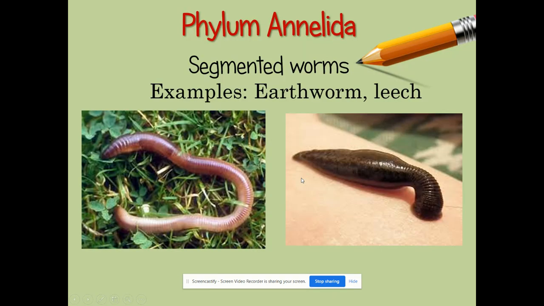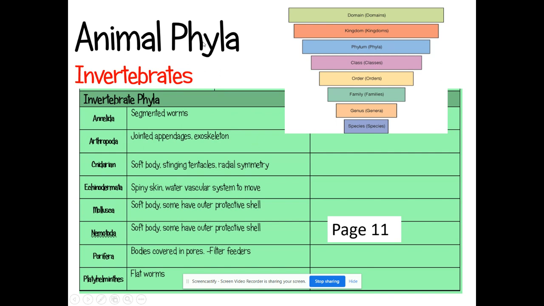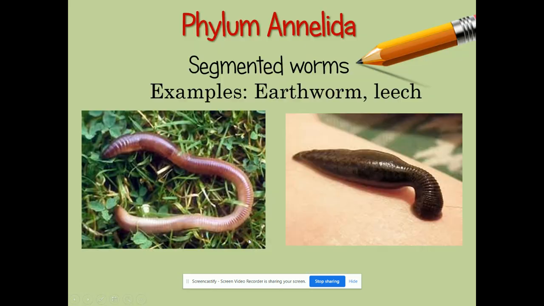All right, so on page 11, these are the different phylums within the invertebrate category of animals. So if you remember the levels of classification, it starts with domain, and then kingdom, phylum, class, order, family, genus, species. And it gets more specific and more specific as you go down. So we're in the animal kingdom, and now we're going to look at some specific phylums.